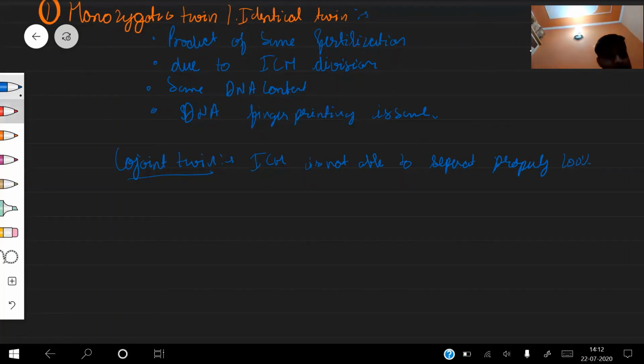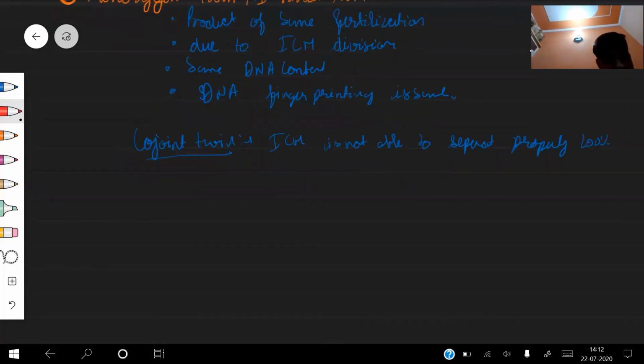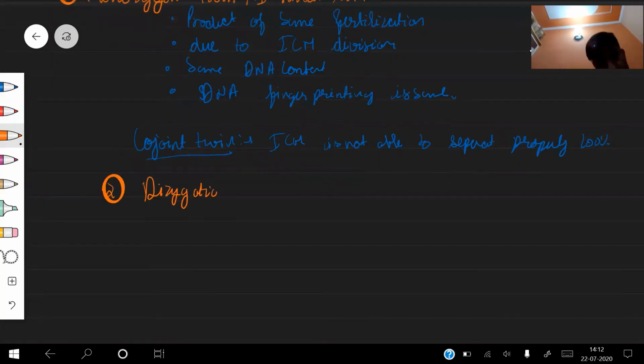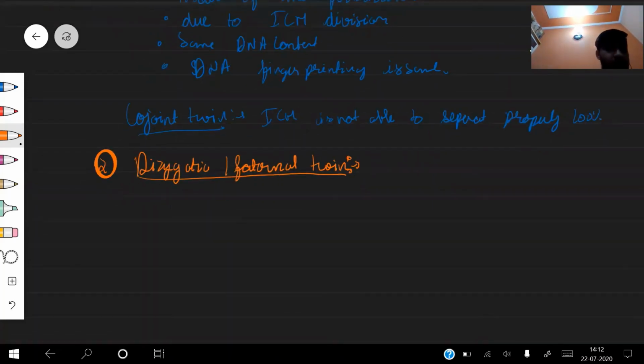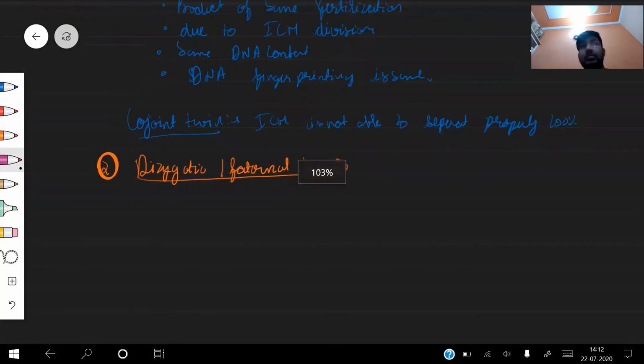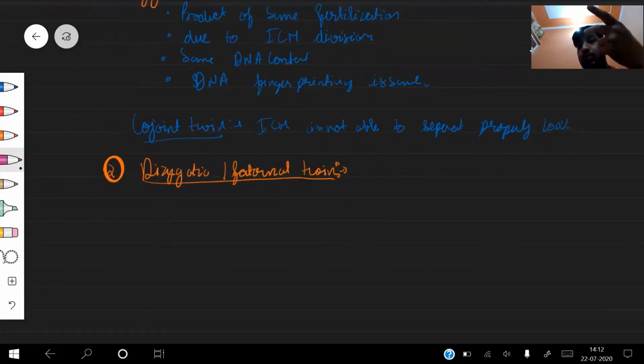The second type is known as the dizygotic twin, or the fraternal twin. Sometimes multiple ovulation occurs, meaning both ovaries release one ovum each, or one ovary releases two ova.